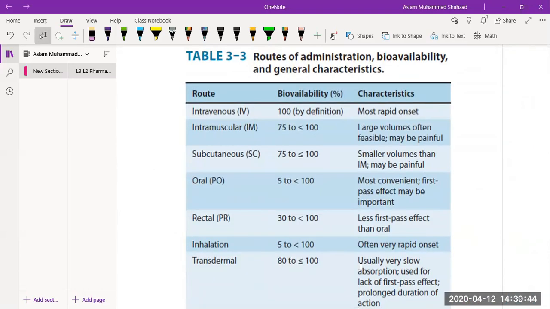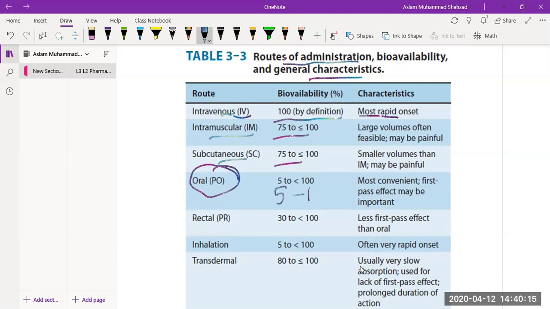So you need to understand another thing, that the bioavailability of a drug depends upon the route of administration and general characteristics. Like the intravenous route, the bioavailability of those drugs is 100% and they have rapid onset. Whereas intramuscular bioavailability is low. Subcutaneous also has low bioavailability. The oral bioavailability of the drug varies from 5% to less than 100%.